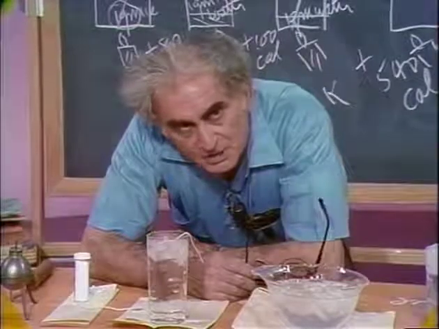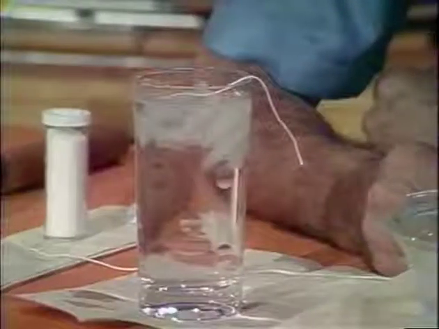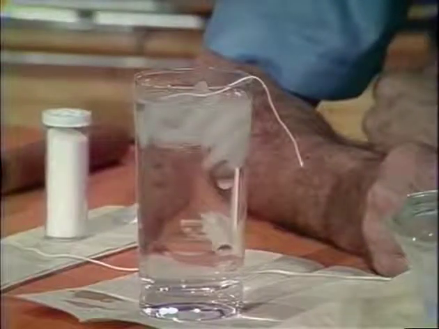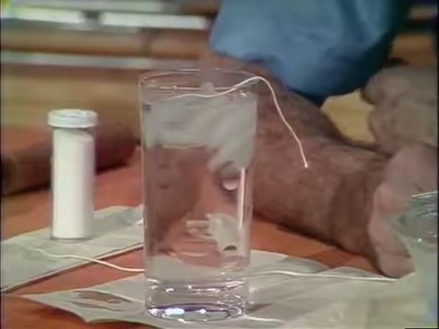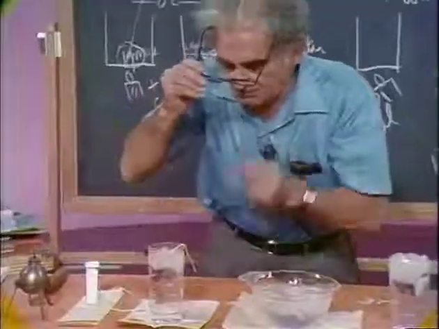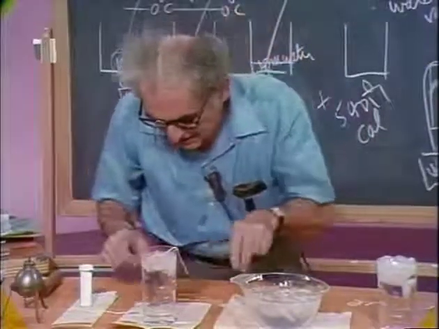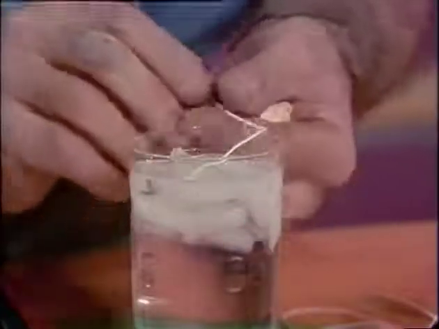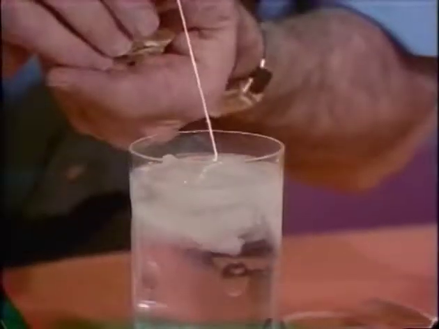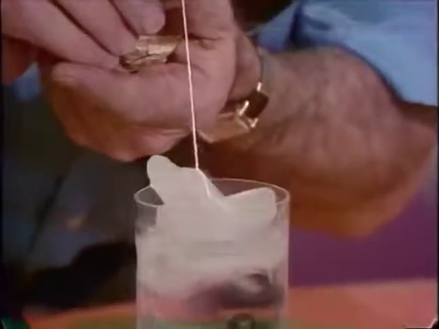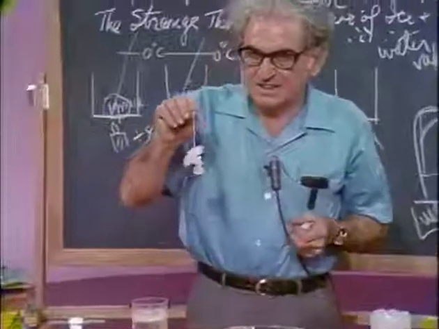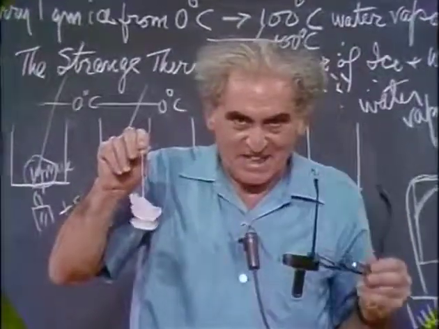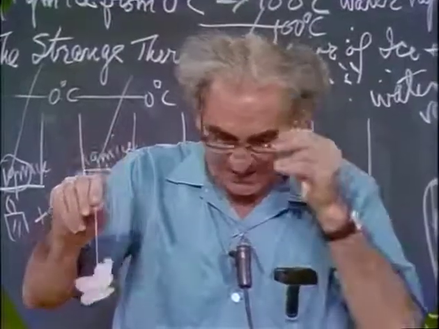The salt has depressed the freezing point so that some of the ice is melting. That ice which melts, the water from it, now refreezes, and if you will give it your strict attention, I think you will see that the string is fixed to the ice. Watch it. There it is.